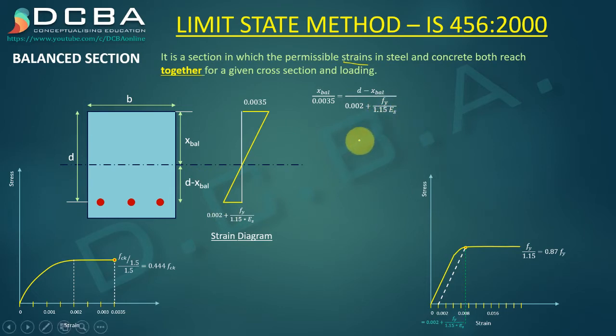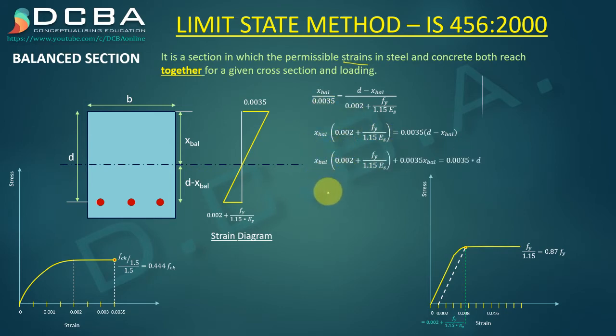What I want to find here is X balance, so I will separate it out. When I simplify this, I get X balance equals 0.0035 into D divided by 0.002 plus Fy divided by 1.15 ES plus 0.0035.